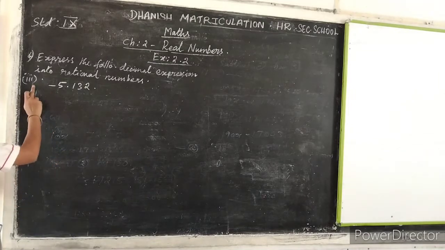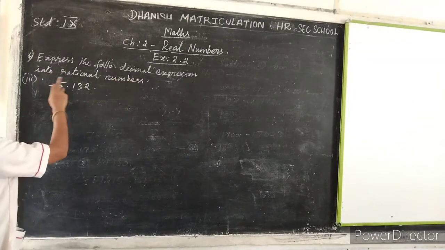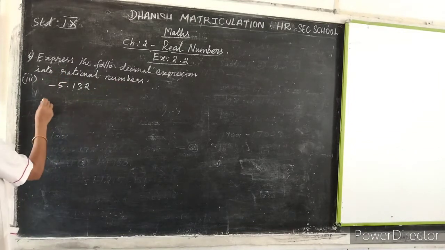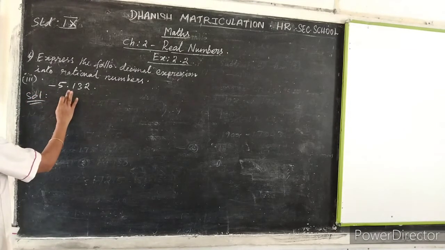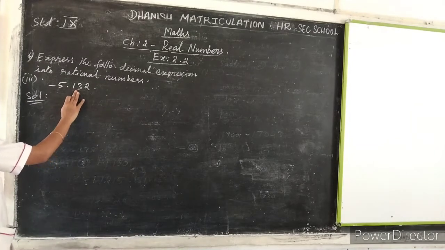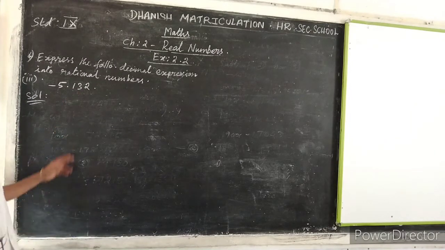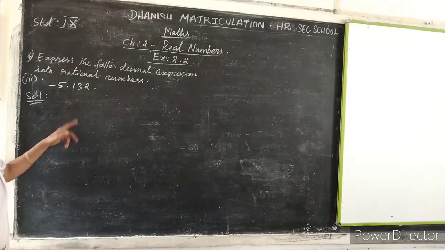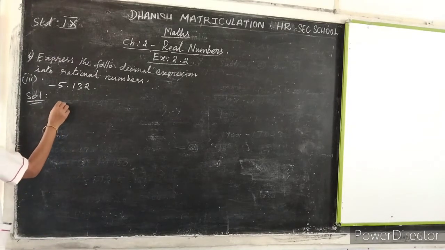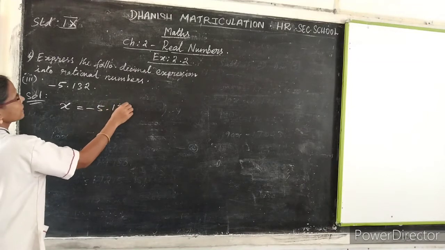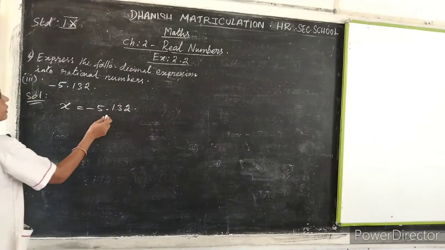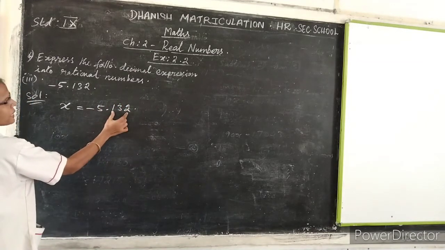Now, third subdivision: express the following decimal expression as a rational number. The given decimal number is minus 5.132. This is not a recurring decimal, there is no bar. Given x is equal to minus 5.132. There are 3 decimal places.